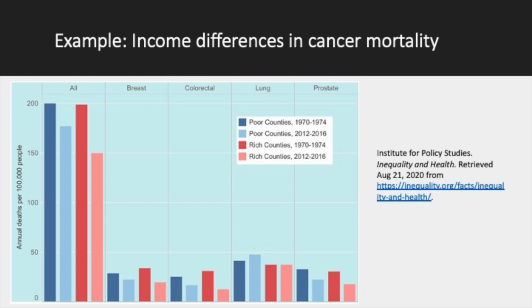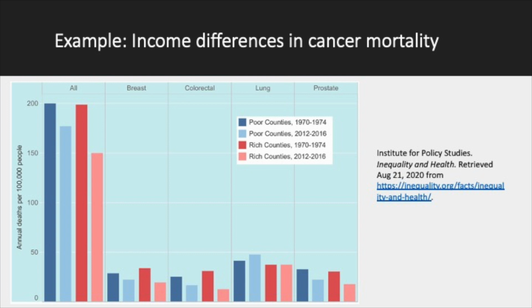And we actually see that there is some improvement across time. So we see 1970 to 1974, and we can compare that to 2012 to 2016. And we see some reduction in, say, all cancer mortality among poor counties. But we see a much greater reduction if we look at those quote unquote rich counties. So we see a much steeper decline in cancer mortality.